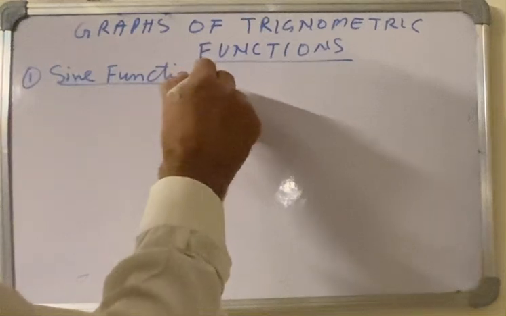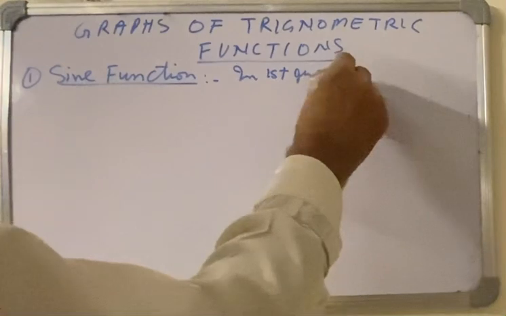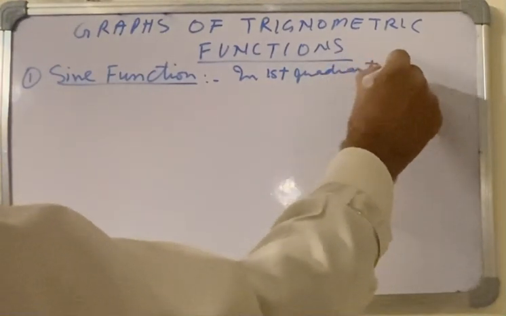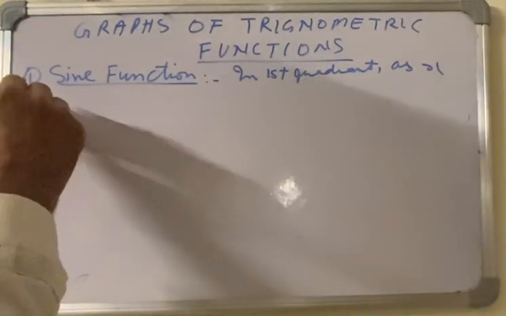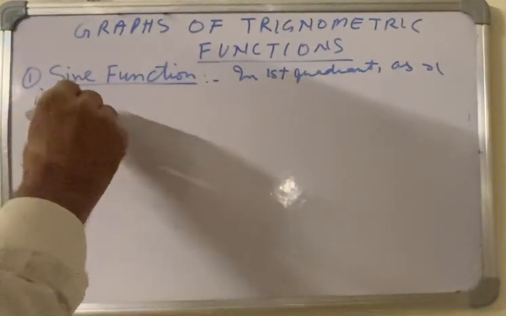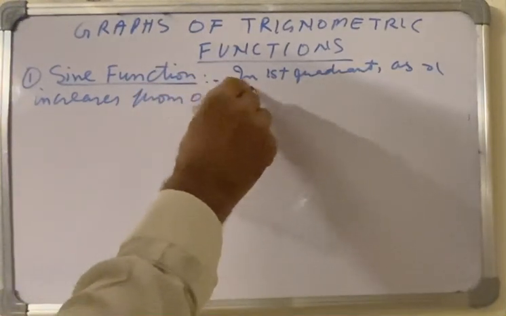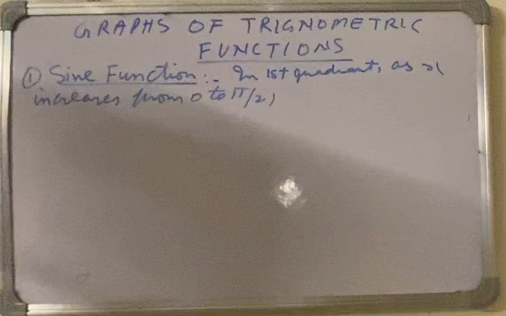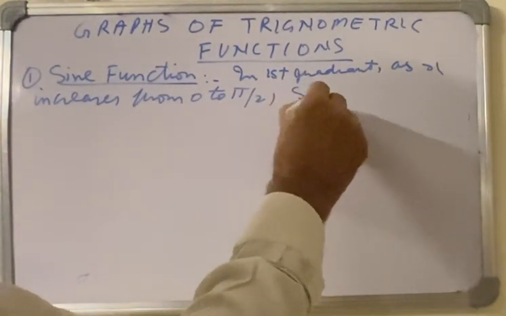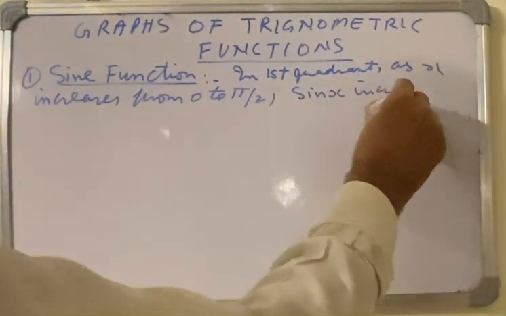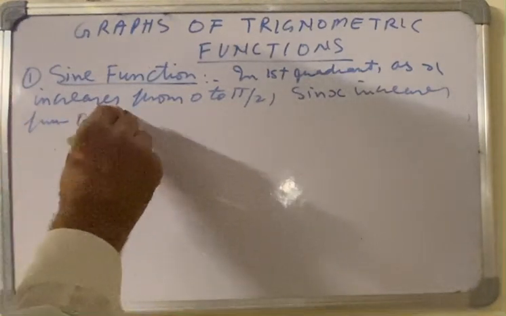In the first quadrant, as x increases from 0 to pi by 2, sin x increases from 0 to 1.